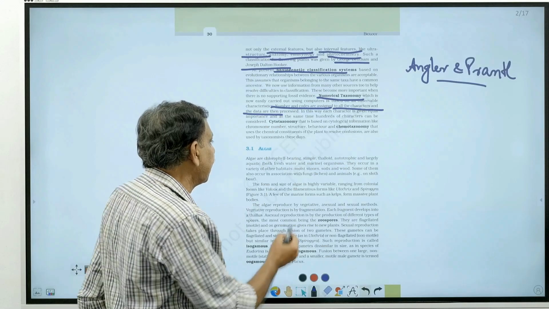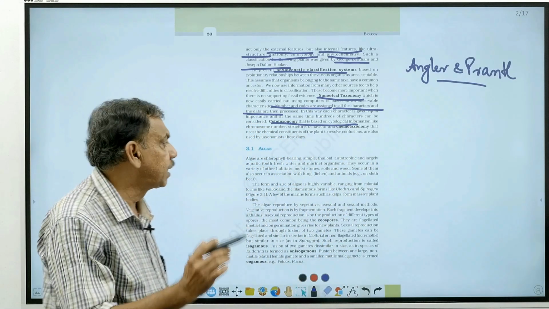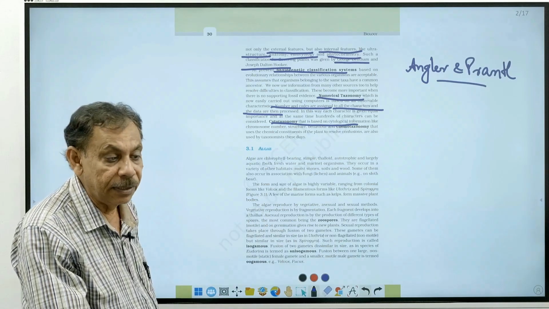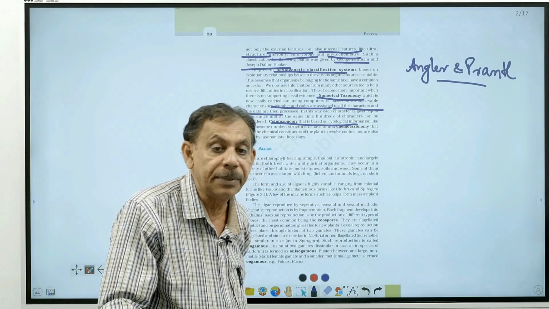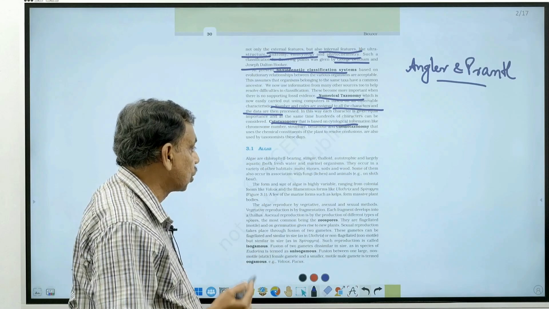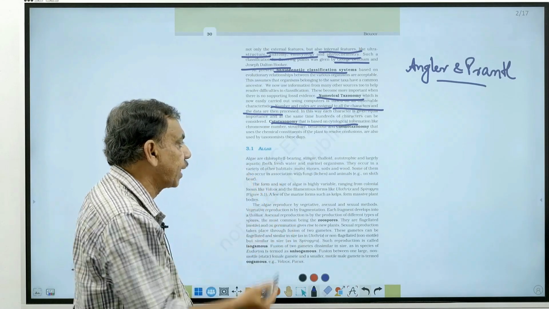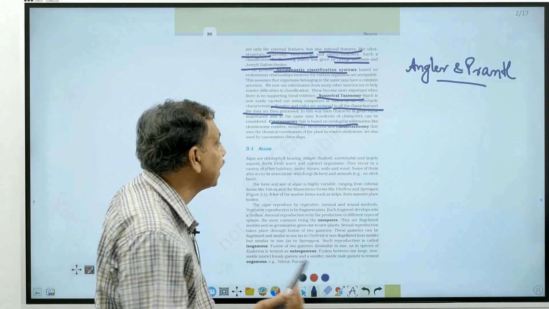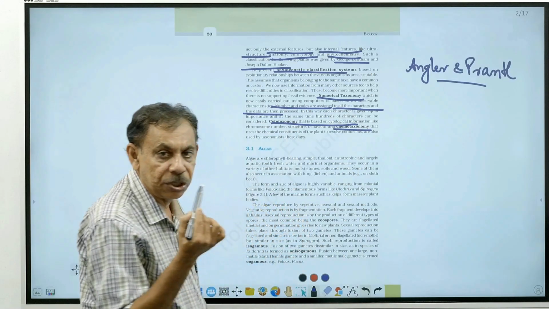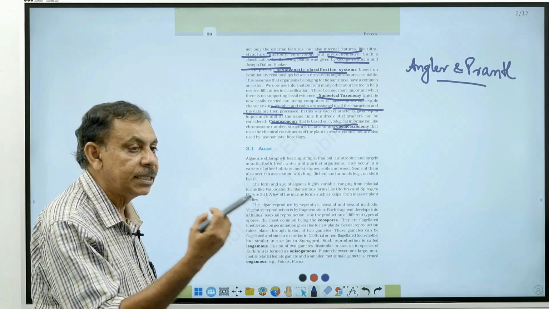Now comes the next system of classification, cytotaxonomy. This is based on cytological information, particularly the chromosome number, position of centromere, structure, and behavior. All these are studied in cytotaxonomy. Finally, the sixth one, chemotaxonomy. This is based on the chemical constituents present in each plant.